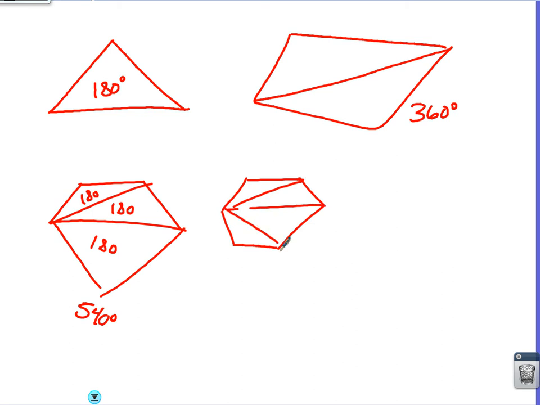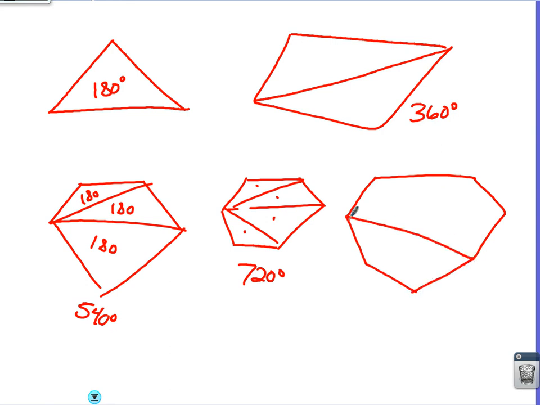If you have six sides, I believe you count four triangles. Four 180s would be 720. And let's do one more. What if you had seven sides? 1, 2, 3, 4, 5, 6, 7. Pick a corner, start drawing diagonals. Seven sides is how many triangles?